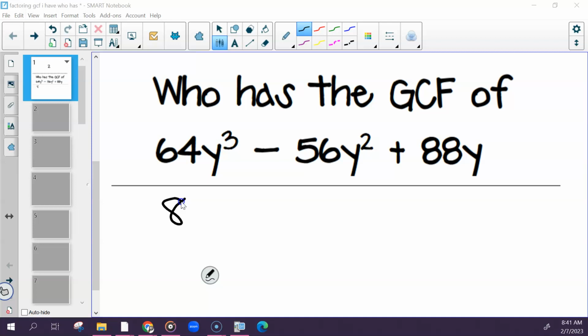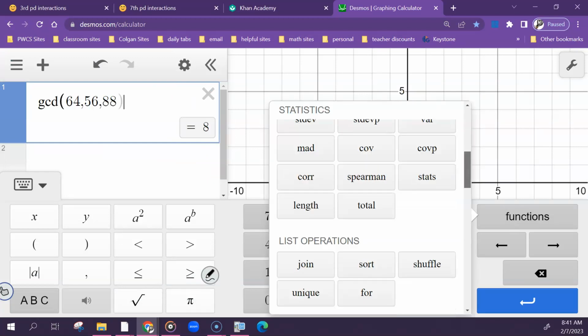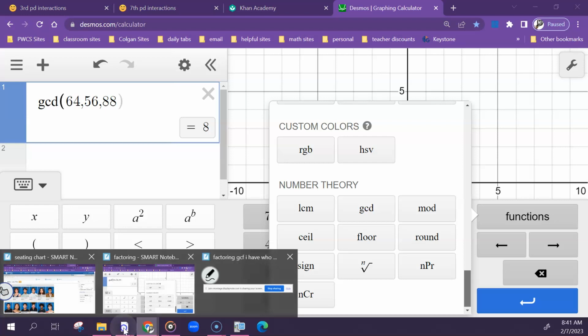And you type in these three numbers, 64, 56, 88, on Desmos. Go into the keyboard, go into functions, go all the way to the bottom, find GCD, type in all the numbers you have, and it'll tell you what that is.